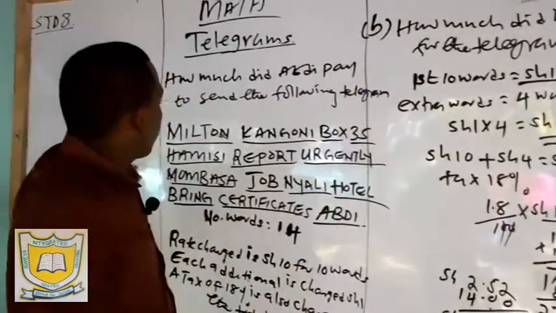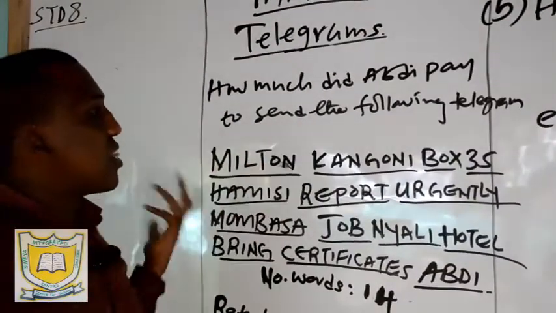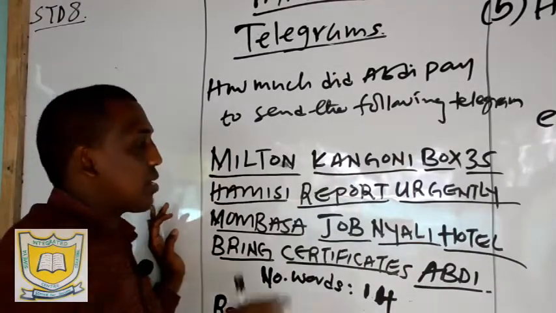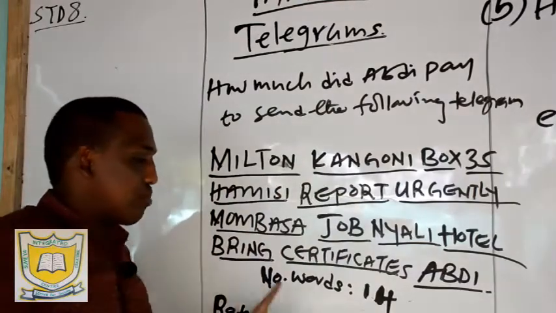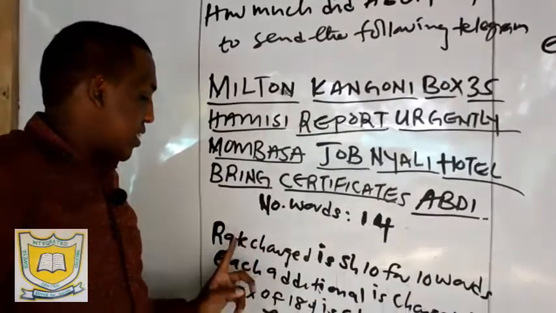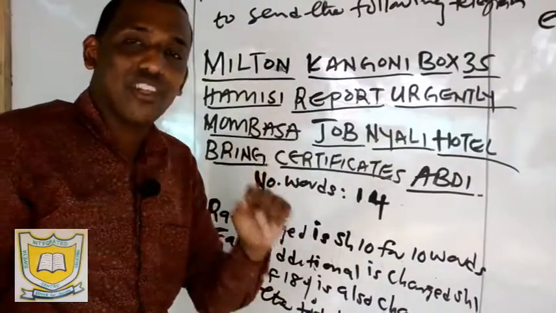I'm repeating. You're told how much did he pay for sending the telegram. First thing you find, you must count the number of words. So how many words are here? There are 14 words. Then there is a rate they charge. The rate charged is shillings 10 for the first 10 words.